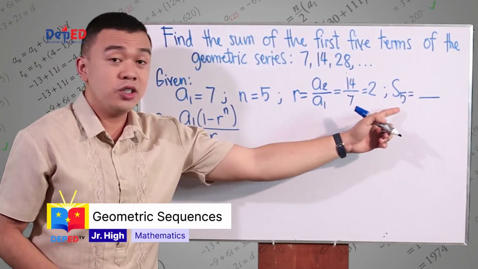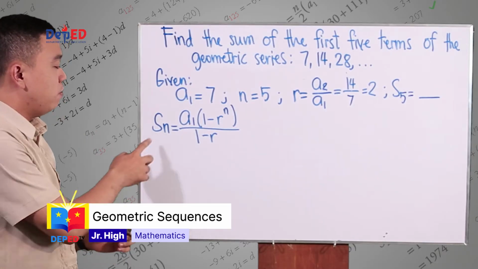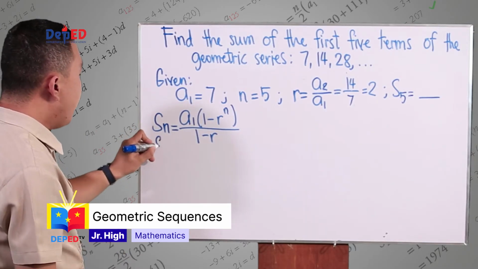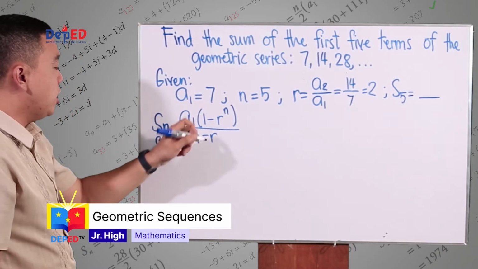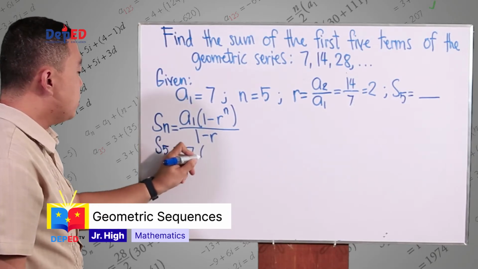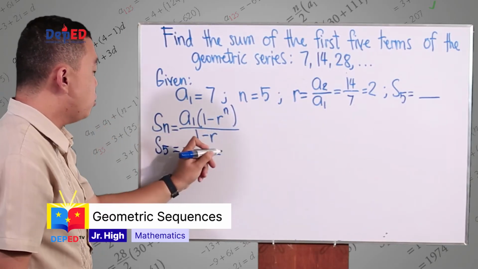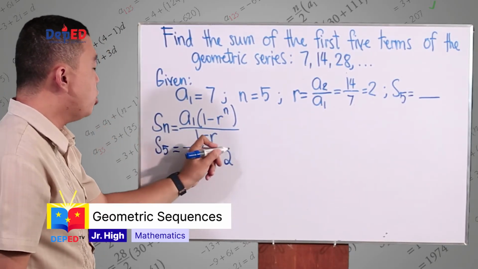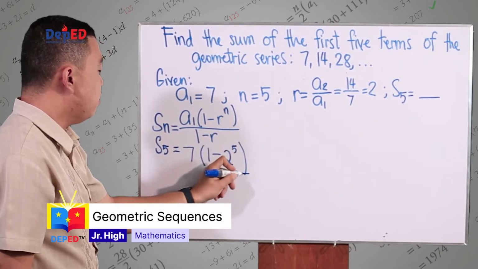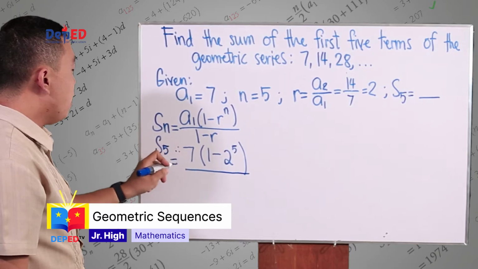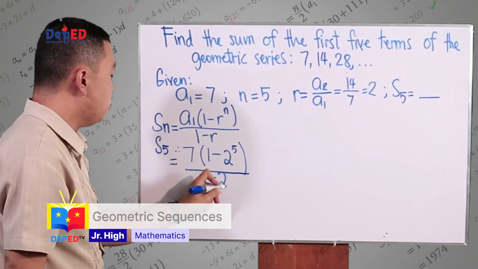And we are looking for the sum of the 5 terms. Let's substitute again the values. For S sub n, that will be S sub 5 is equal to, our a sub 1 here is 7 times the quantity 1 minus our r, again, that's 2 raised to n, which is 5, divided by our 1 minus r, again, our r is 2.